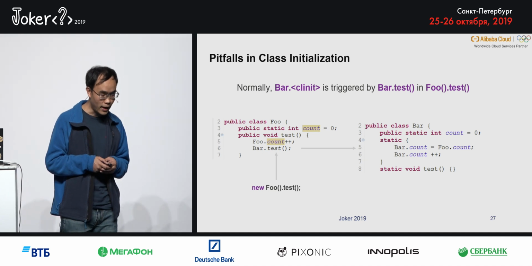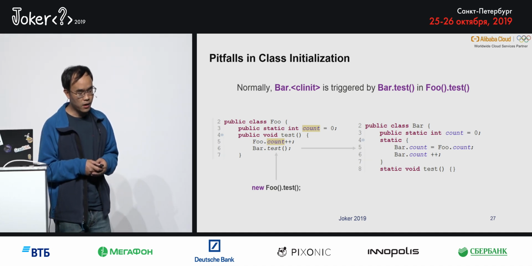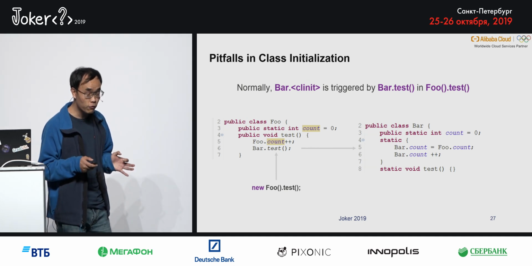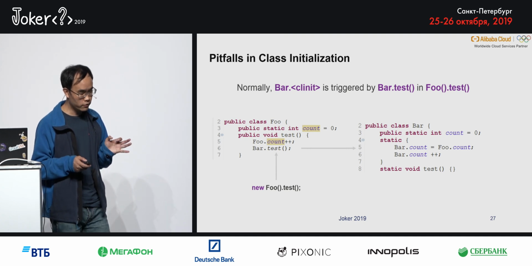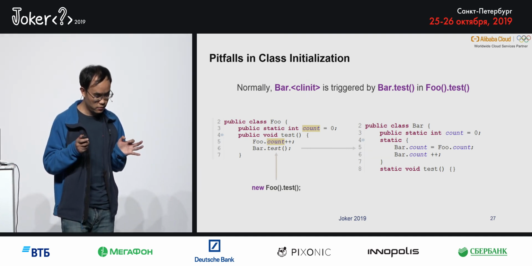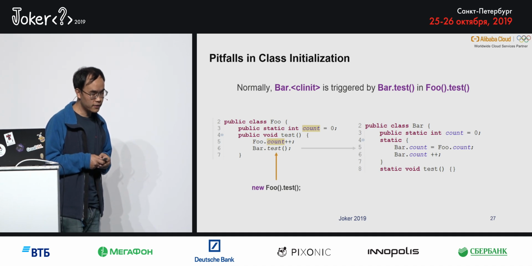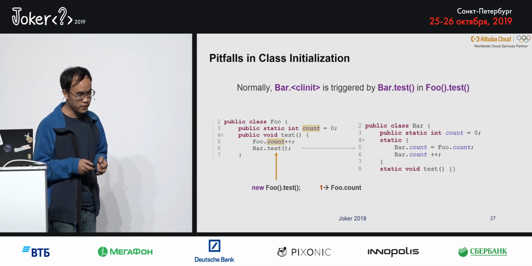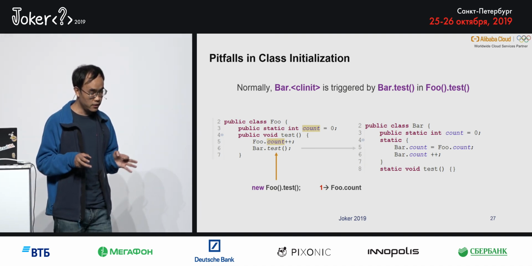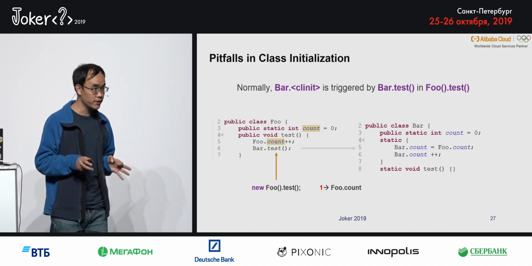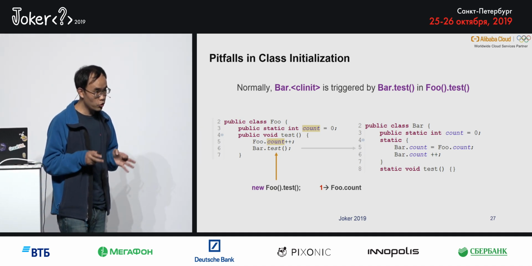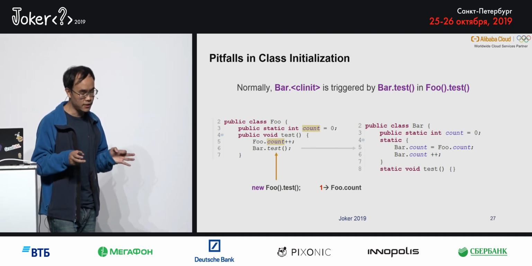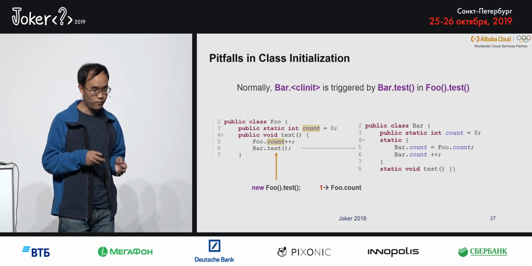We have two classes, the Foo class and the Bar class. In step 1, you create a new instance of the Foo class, then you call the test method on this new instance. After that, you can see the Foo count gets 1, it has been increased. In the test method, because it calls a static method on Bar, it will trigger the initialization of the Bar class, as required by the JVM specification.